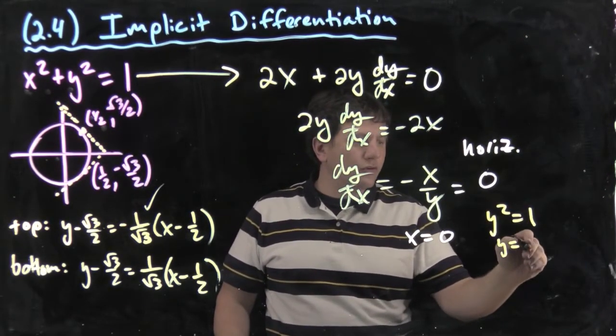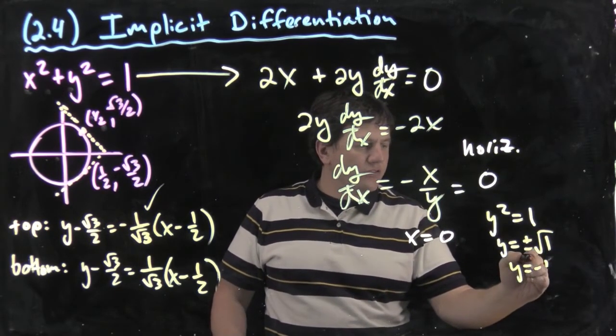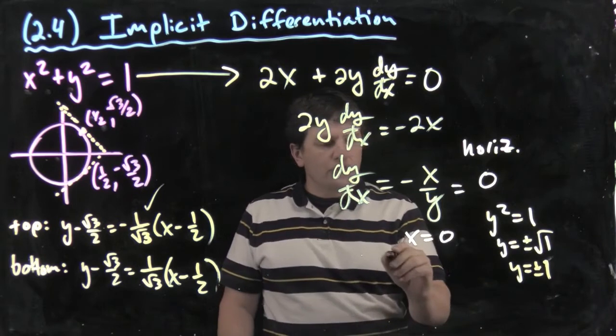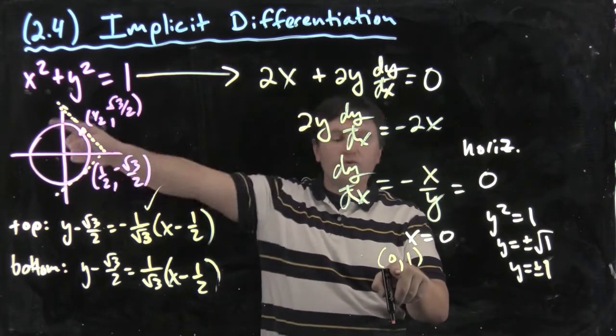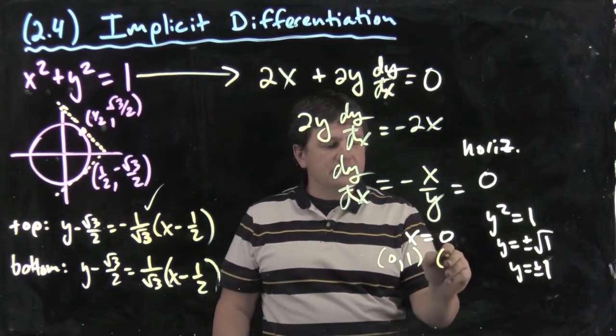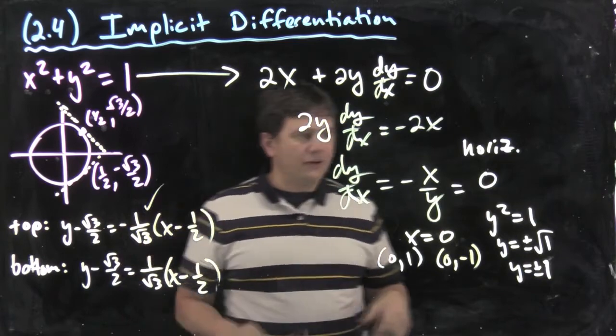So we get y is equal to plus or minus the square root of 1, which of course is plus or minus 1. So I get 2 points, 0, 1, that's the place where it's horizontal on top, and 0, negative 1, which is where it's horizontal on the bottom of that graph.